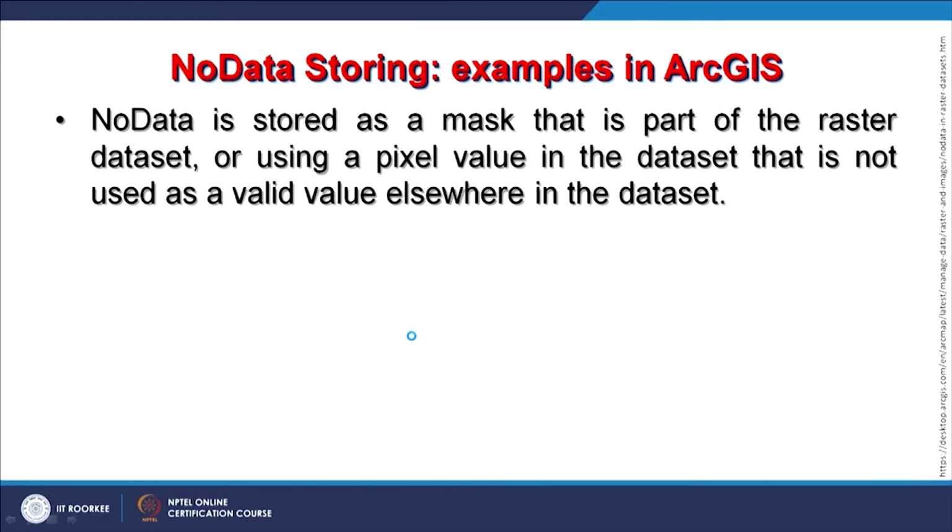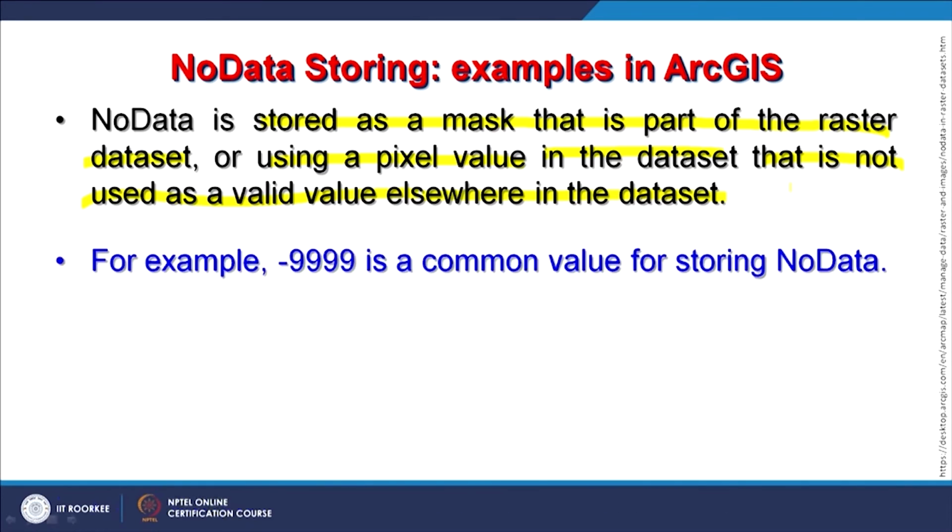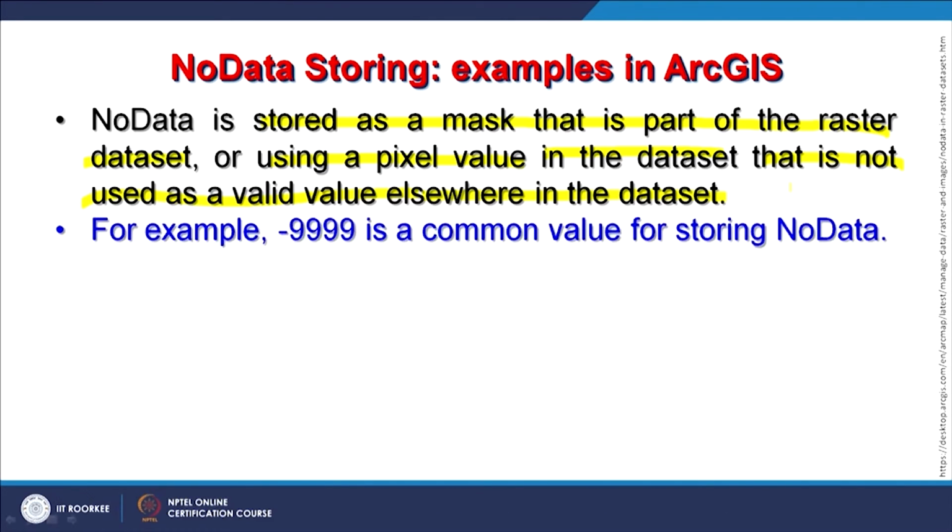Now, as you know, in the Himachal Pradesh example, no data is stored as a mask that is part of my raster data set in an .aux file in ArcGIS format, and using a cell value or pixel value in my data set that is not used as a valid value elsewhere in the data set. That means in every calculation it is ignored. For example, I may have a no data value like -9999. I have a digital elevation model of part of the Himalaya, and I have extracted Himachal Pradesh, like I have shown.